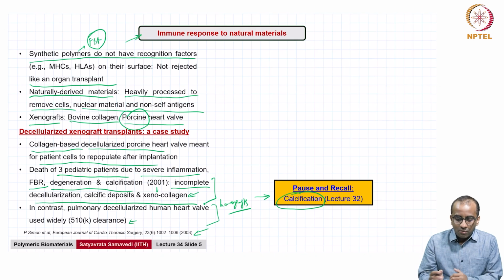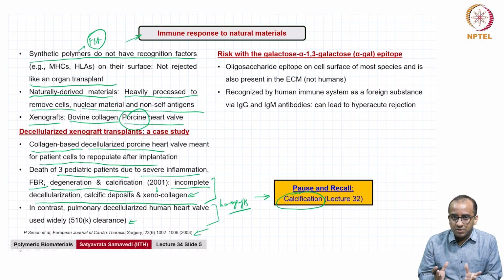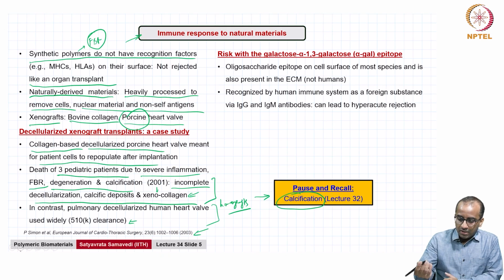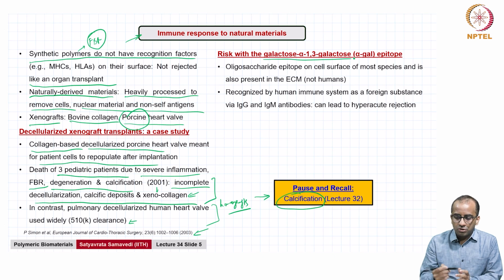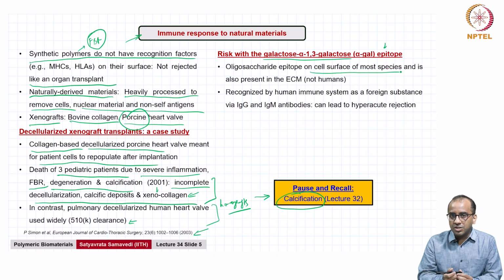Now, segueing from here, I did mention that you can have alpha-gal like epitopes residing in these matrices, which can cause a huge risk. Now, the alpha-gal itself is essentially galactose alpha-1,3 galactose, short alpha-gal, which is an epitope found on the cell surface of most species, but is absent in humans and some other primates.